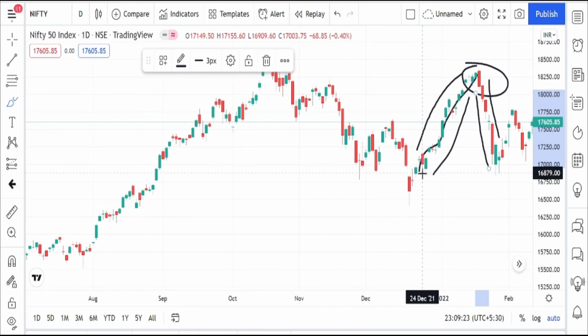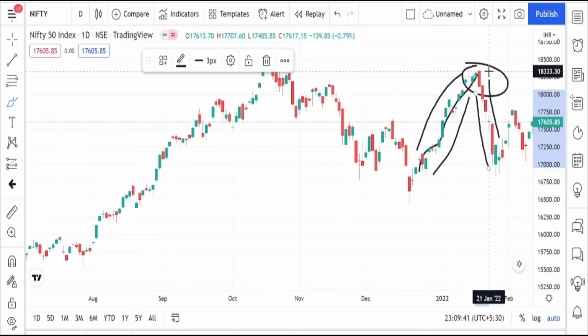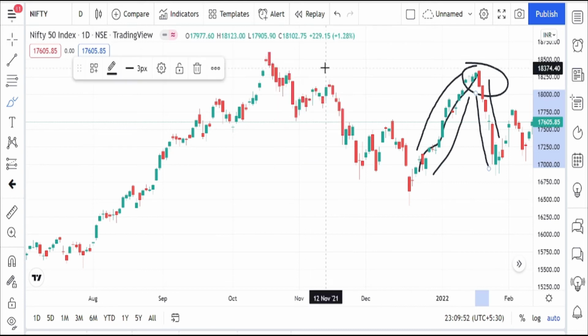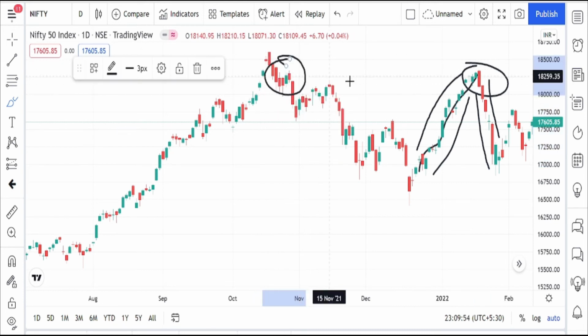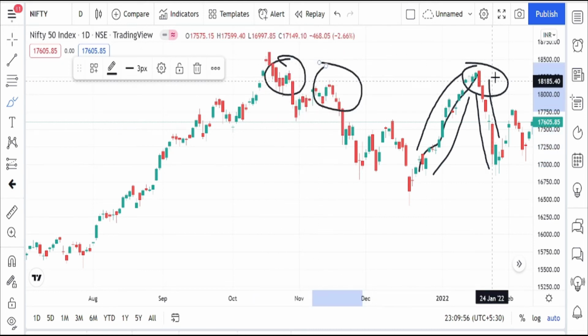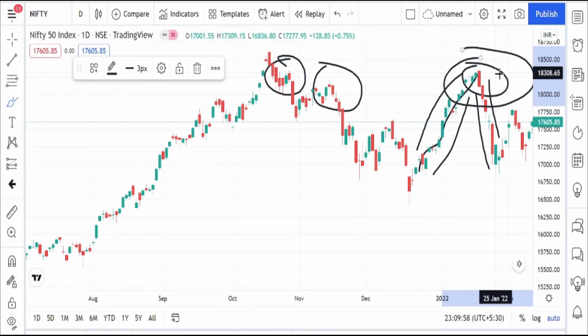The engulfing pattern has formed at the top of an uptrend. It is always important whether the engulfing pattern forms at support or resistance levels. Earlier the price reacted at this zone, and here also there is a resistance level, and here also it is a clear resistance, correct?